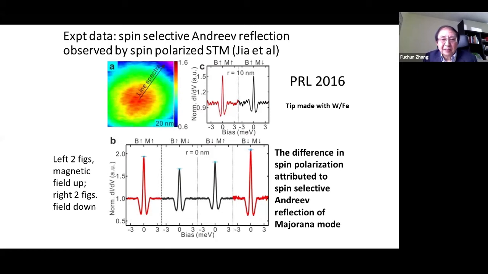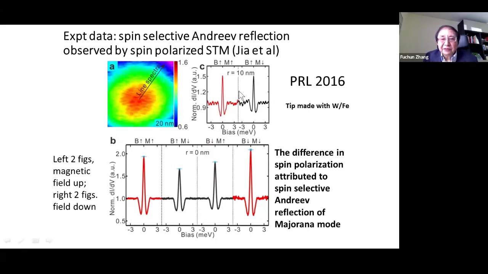Okay, and to test, first the student tested, STM is localized, so the radius is about 10 nanometer away.